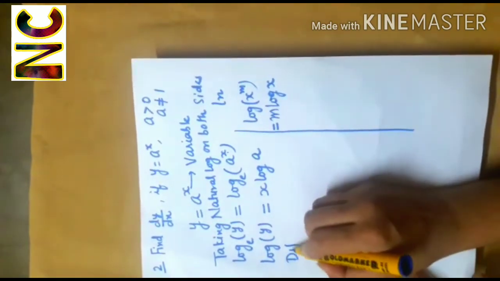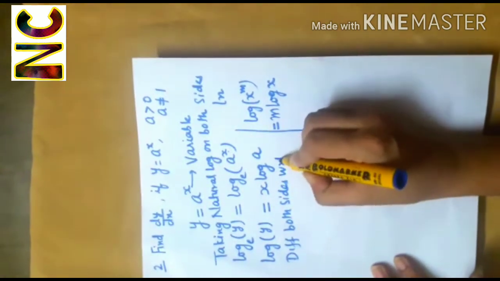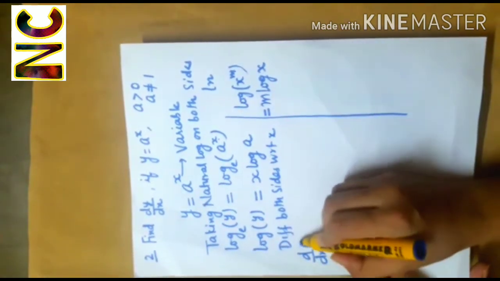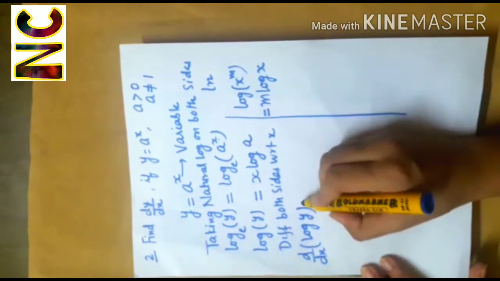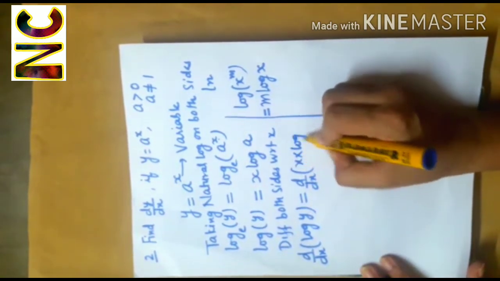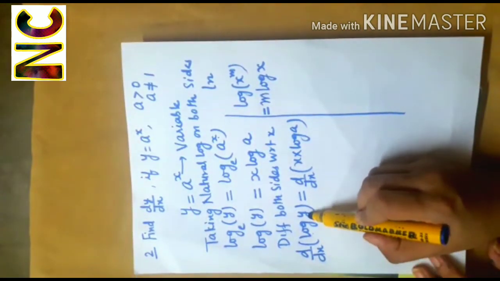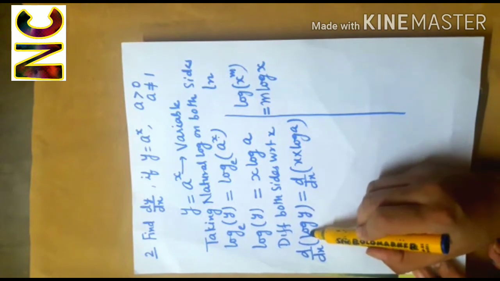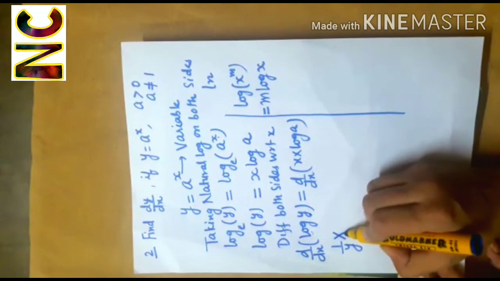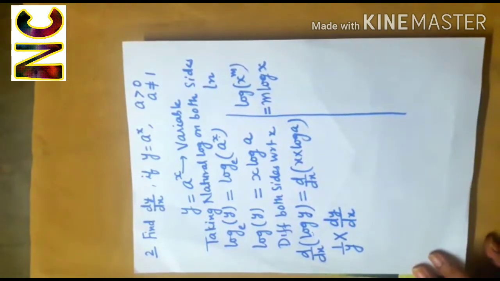Now we differentiate both sides with respect to x. So I'll get d by dx of log y equals d by dx of x into log a. Yes, derivative of log y with respect to y is 1 by y multiplied by derivative of y with respect to x.